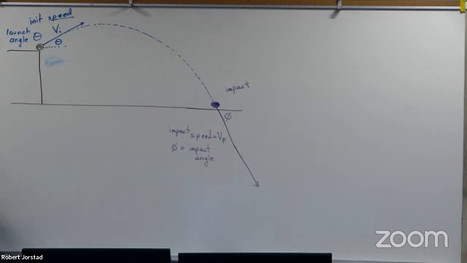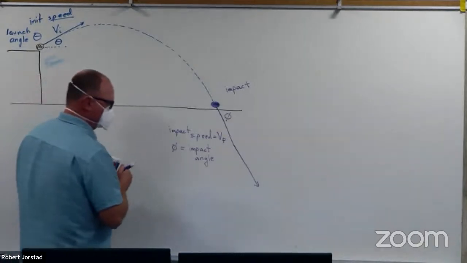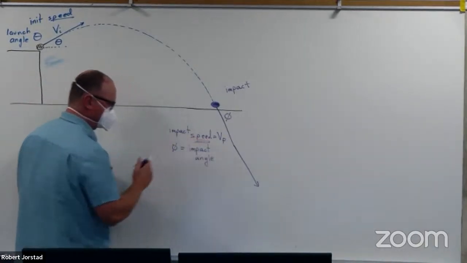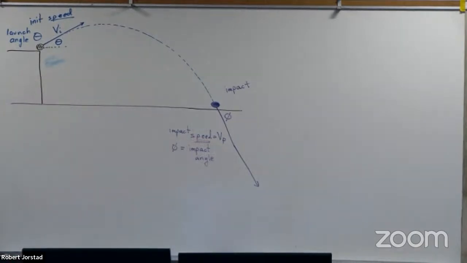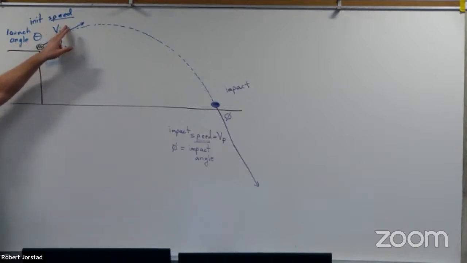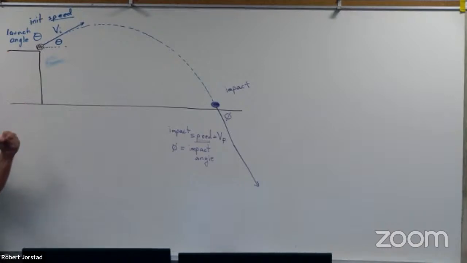So a couple of things here. Notice I've used the word speed, not velocity. Together, the initial speed and the launch angle, that's a magnitude and a direction. Together, the speed and angle give you the initial velocity. Is that okay?